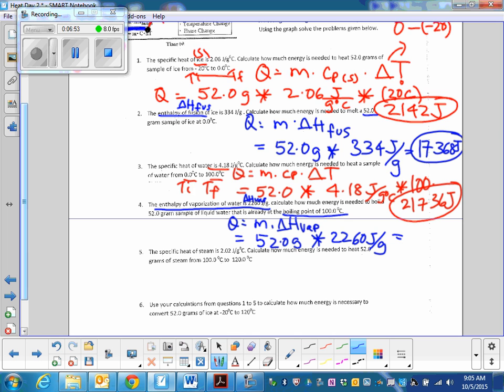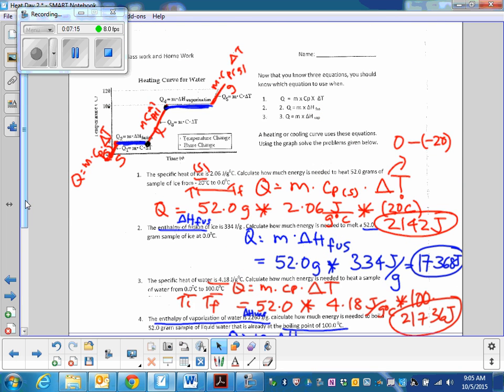So now I multiply 52 times 2260, which equals 117520 joules. All right? Everybody good? Now what is going on? The substance has reached this end. It has all become vapor. And then what will happen to the vapor?